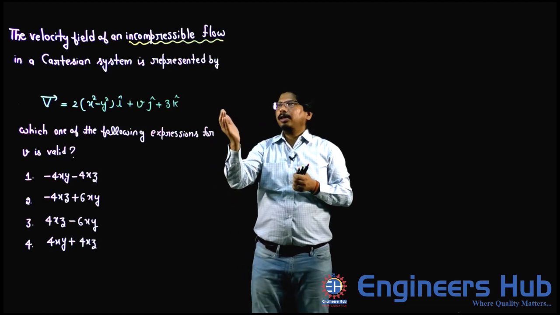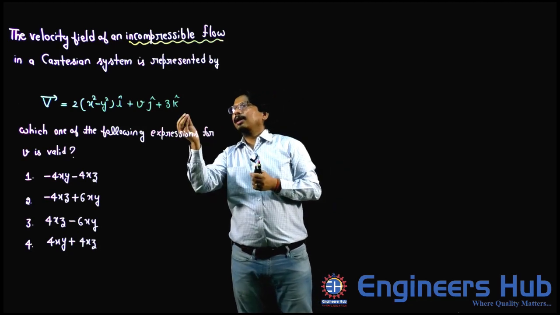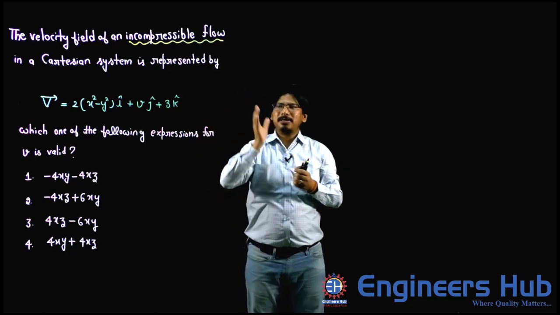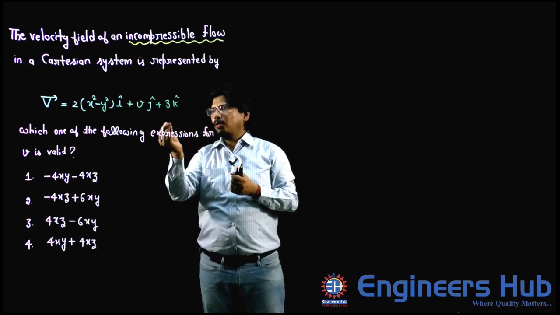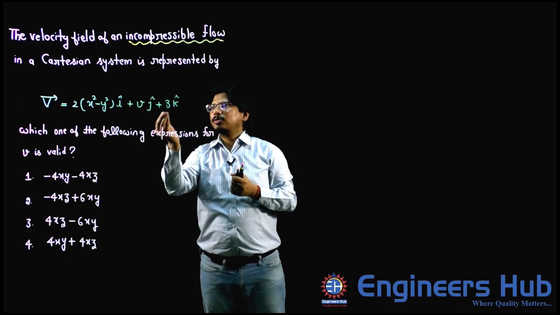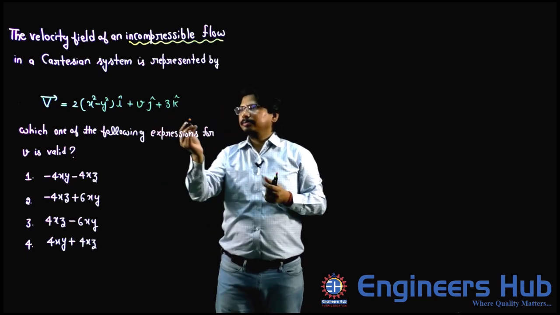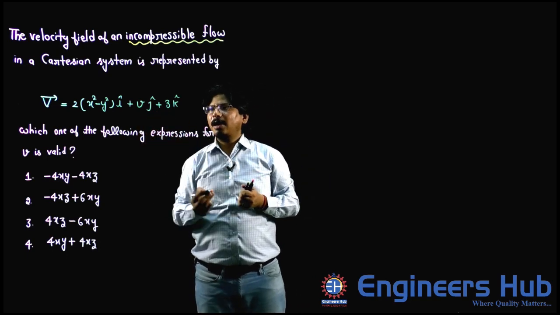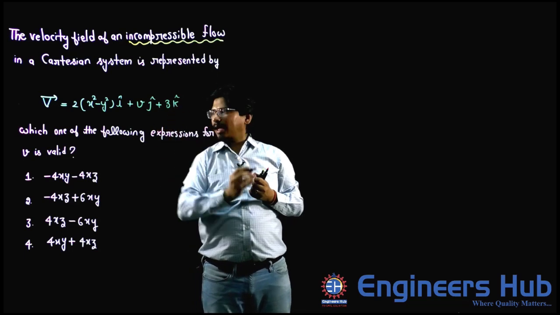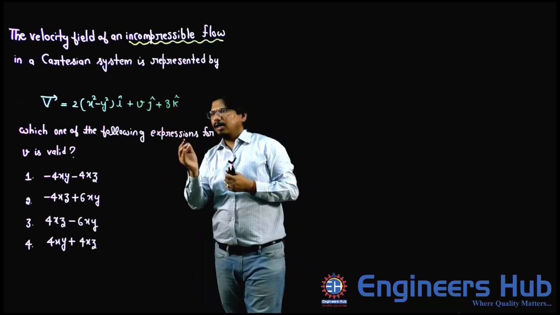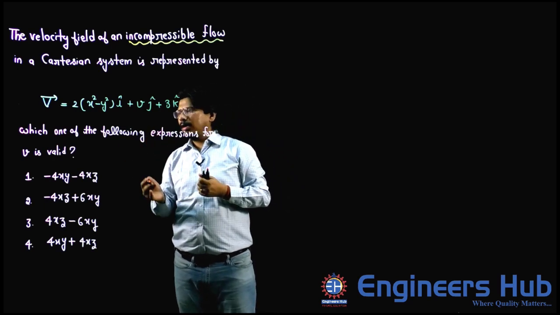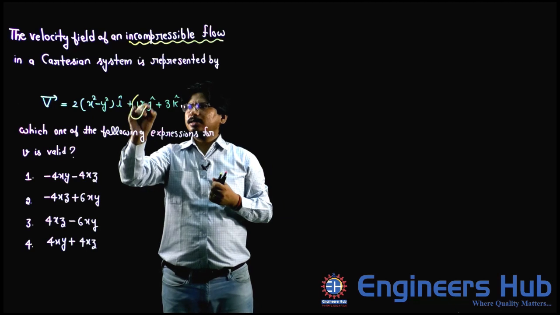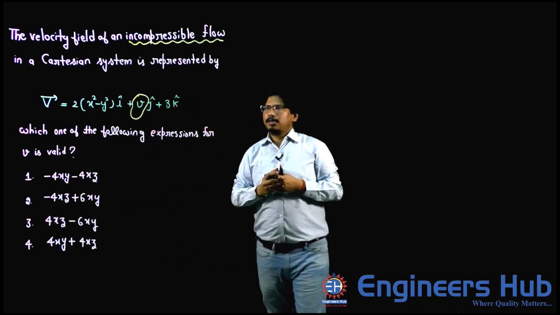The velocity field of an incompressible flow in a Cartesian system is represented by the velocity vector 2 times (x square minus y square) i cap plus small v j cap plus 3 k cap. He is asking which one of the following expressions is valid for small v.